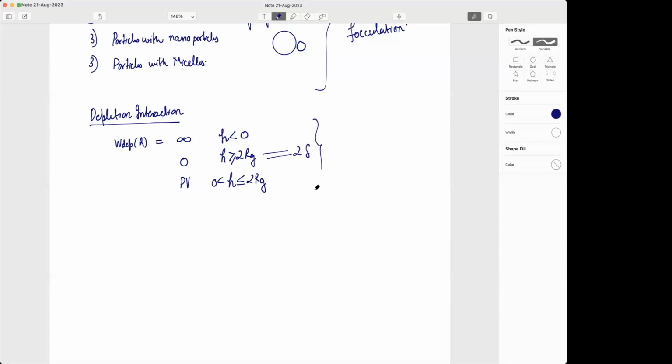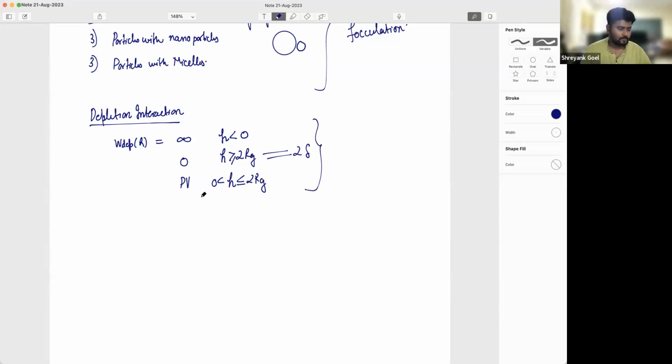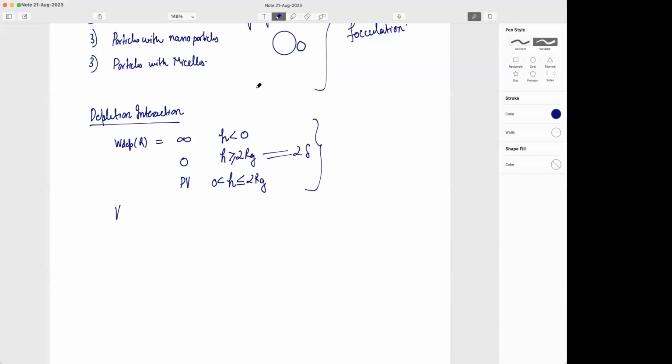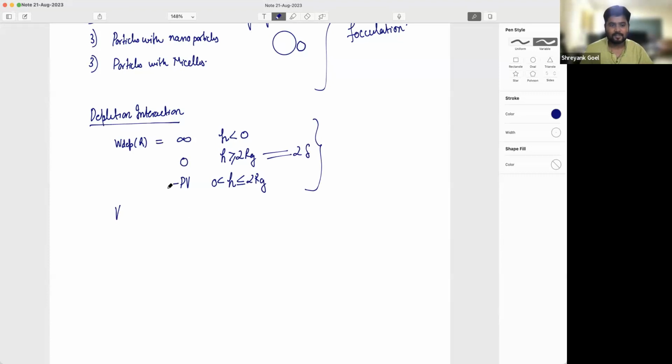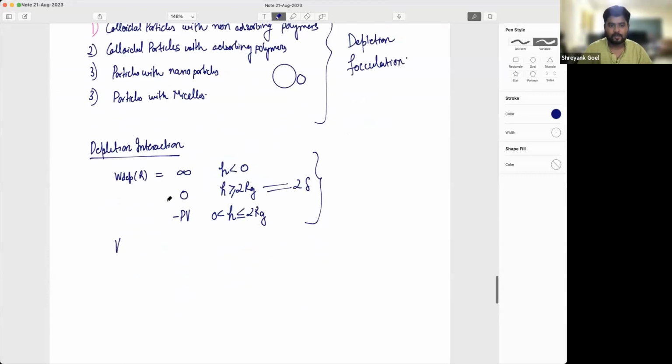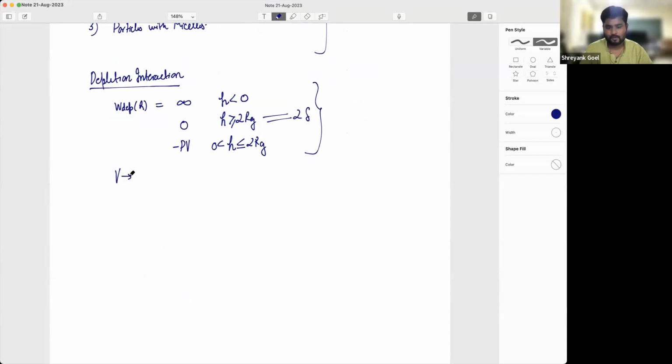Yes, this is minus PV. For the case of a spherical particle, V is given as pi by 6 times (2 delta minus h) squared times (3r plus 2 delta plus h) by 2.